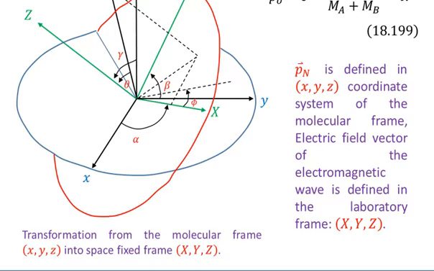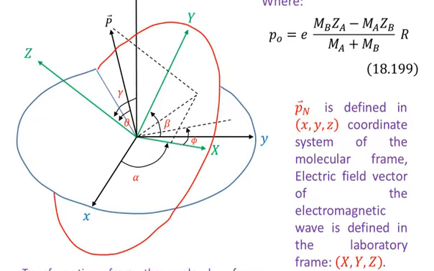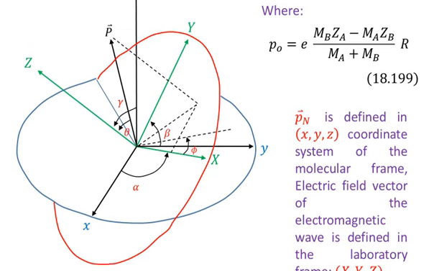The transformation between these two coordinate systems is shown over here in this diagram. You can see that in this diagram I am going to show you two planes. One is the blue plane, the other plane is represented by red. The blue plane contains two axes, the small x-axis and the small y-axis.